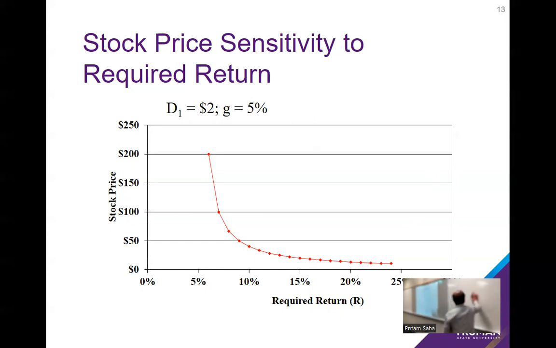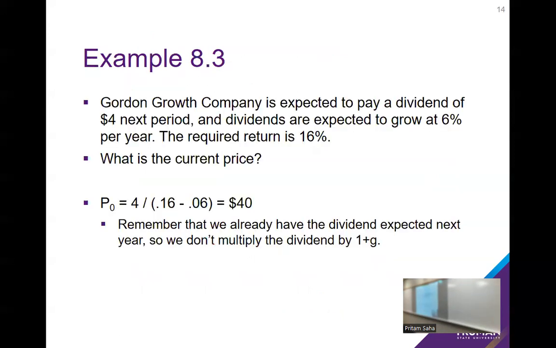Let's move on and talk about the final slide of the constant growth model. This is pretty easy, right? We already did that. The company is expected to pay a dividend of $4 next period, so D1 is $4.